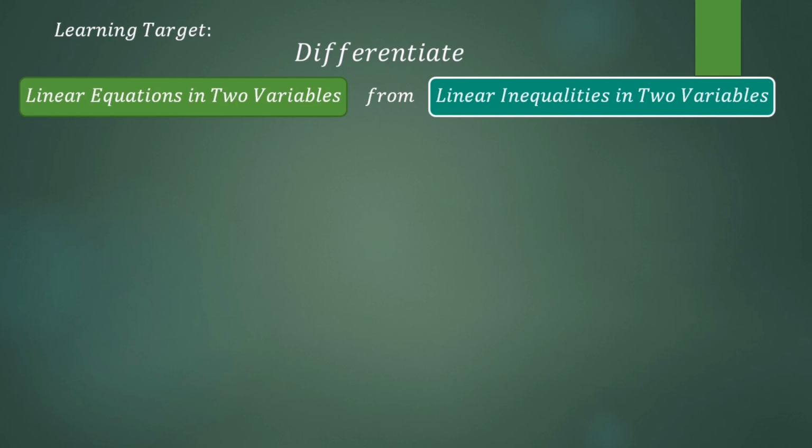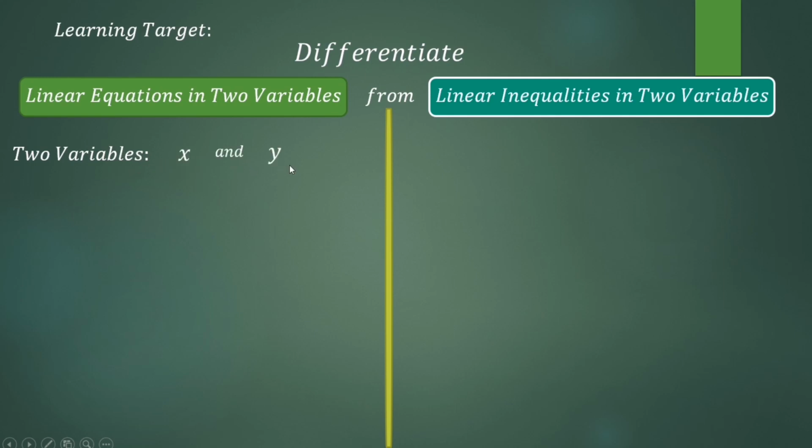So let's find out. For the linear equations in two variables, we're using variable x and variable y. Same way, the linear inequalities, gamit din natin ang two variables here, x and y.